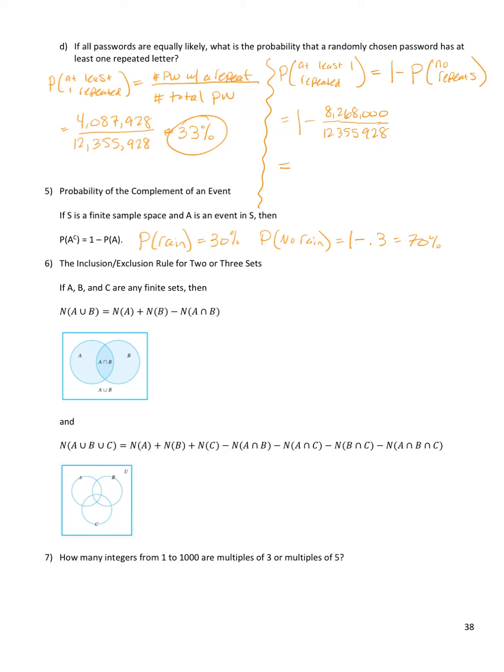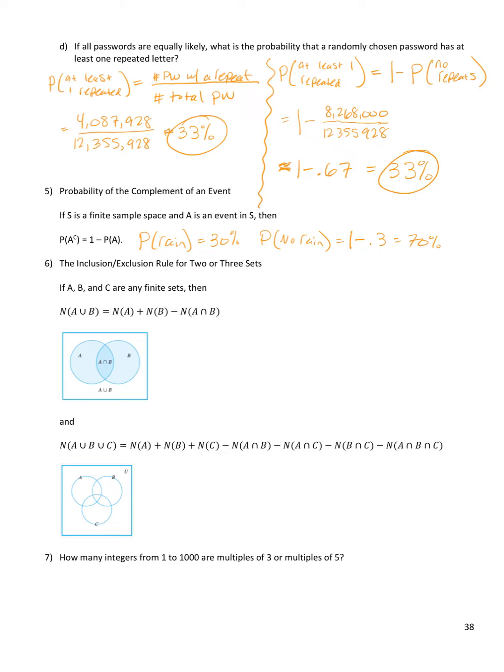So that is approximately 1 minus 0.67, which is 33%. Okay, so I got the same answer using the complement rule as I did calculating directly.